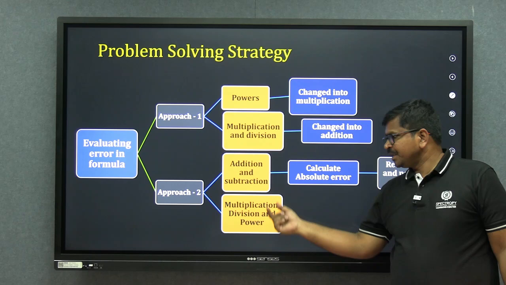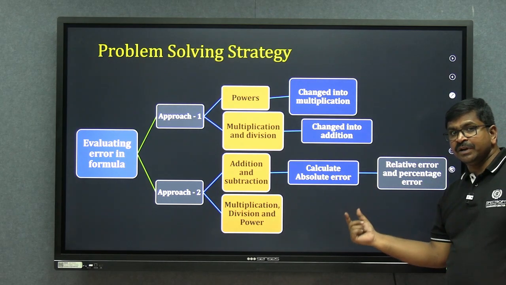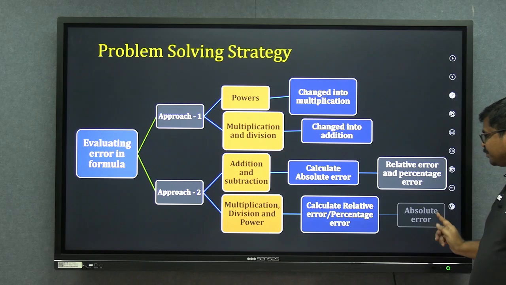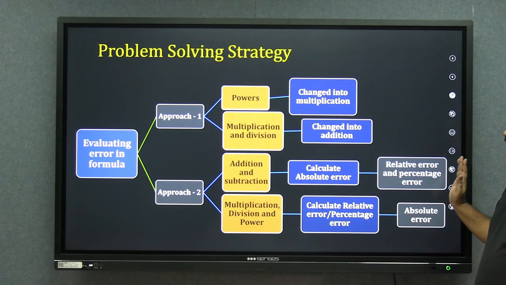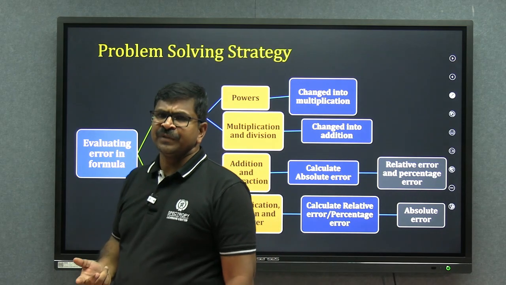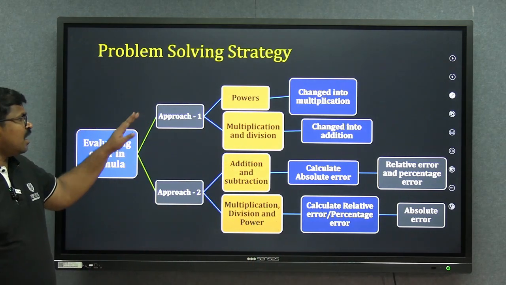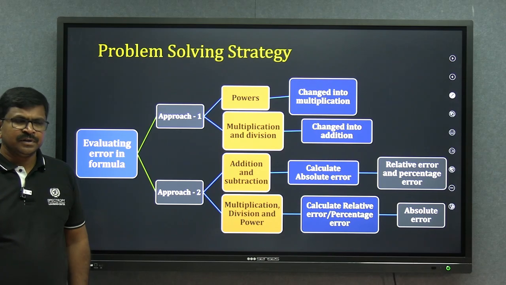Suppose you are given multiplication and division, then calculate relative error, percentage error, then approach the absolute error. This is the basic approach, and we already discussed all these things. It is just an idea: when a problem is given, how to approach, either approach 1 or approach 2, right?